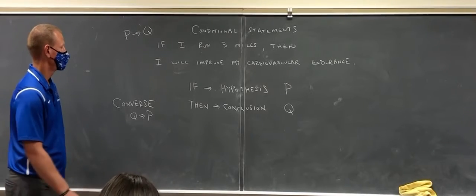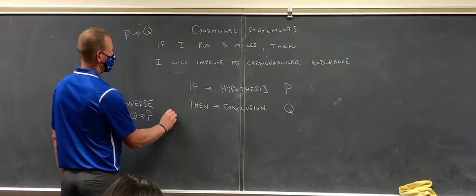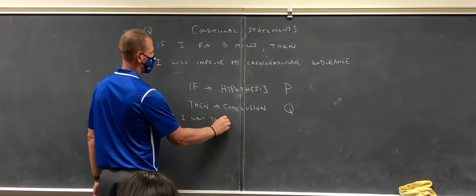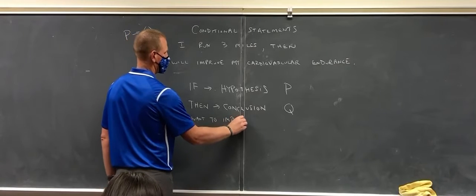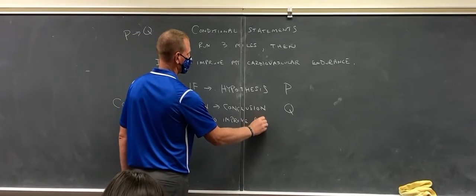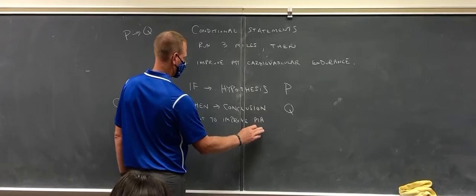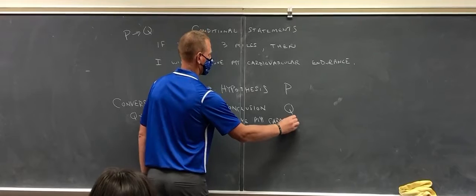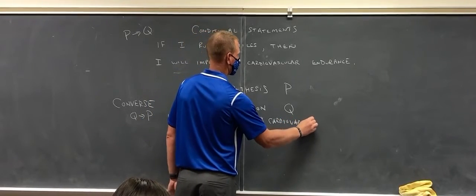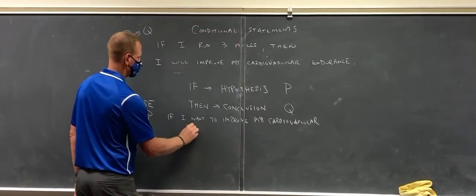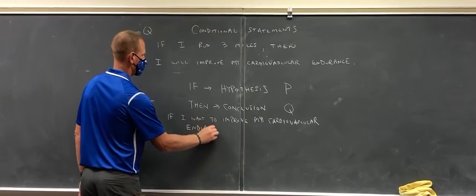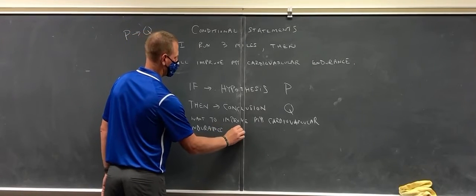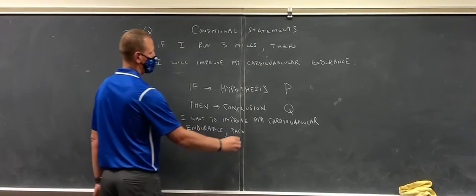There you go. Okay, so our converse: if I want to improve my cardiovascular endurance, then I will run 3 miles.